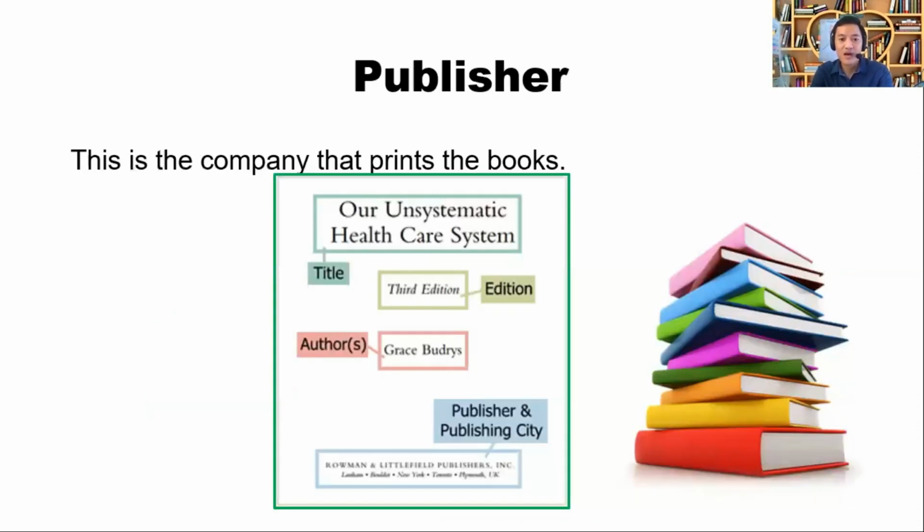The next one, the publisher. What does it mean? The publisher is the company that prints the book. They are the one who will print the book, or the one who compiles the writing of the author. As I have here the actual example of the book, the publisher of the book is found on the first part of the book.